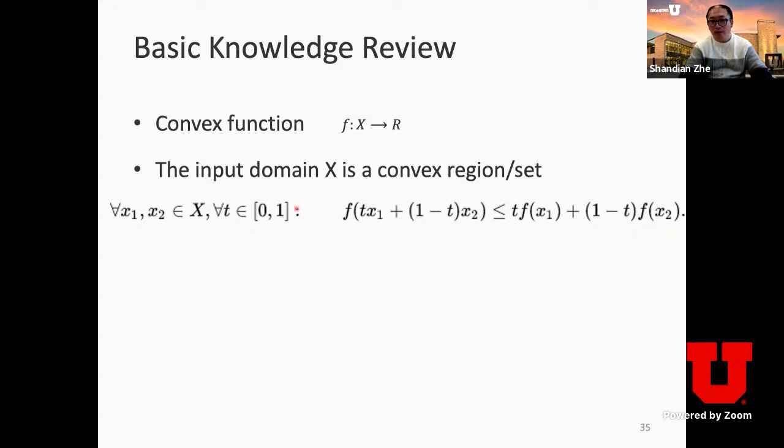So this inequality must hold for every two points in the domain and every possible coefficient for the linear combination.